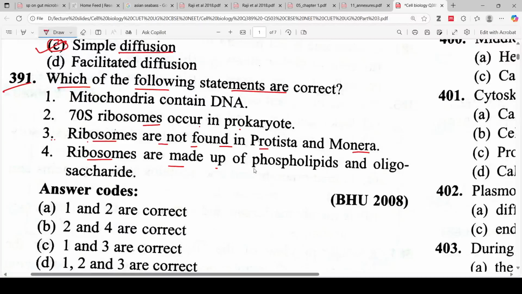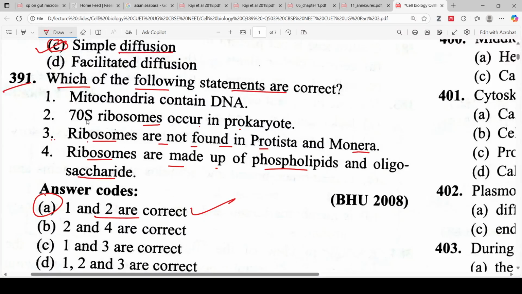Ribosomes are made up of phospholipids and oligosaccharides. So you have to choose the correct statements from these four statements. The correct answer will be option A. Statements 1 and 2 are correct.